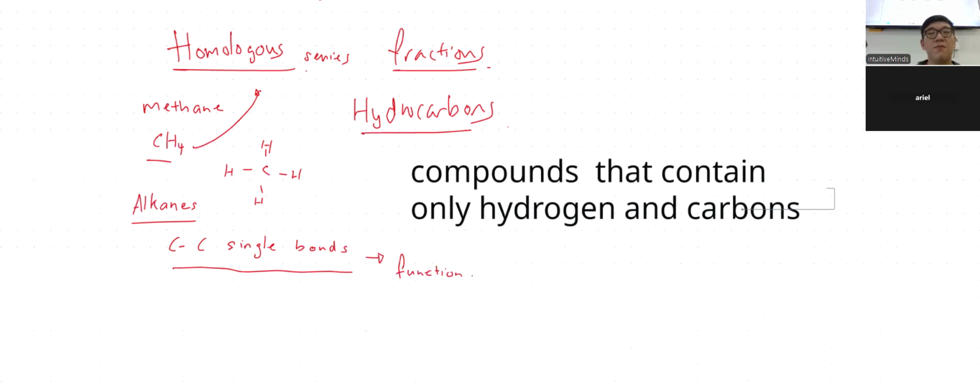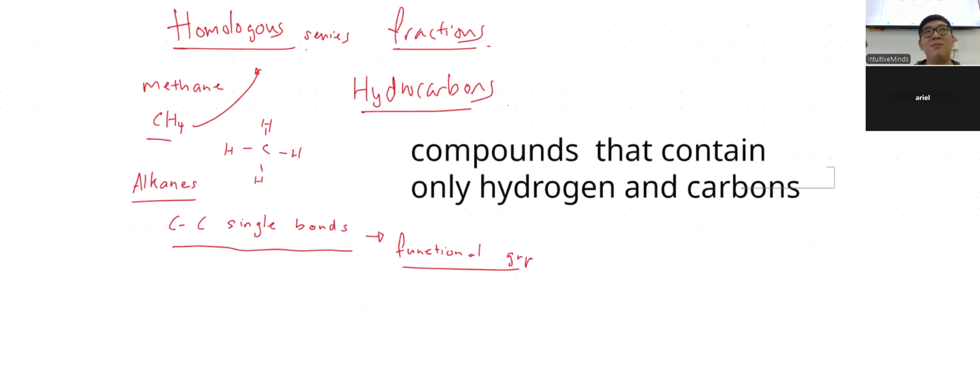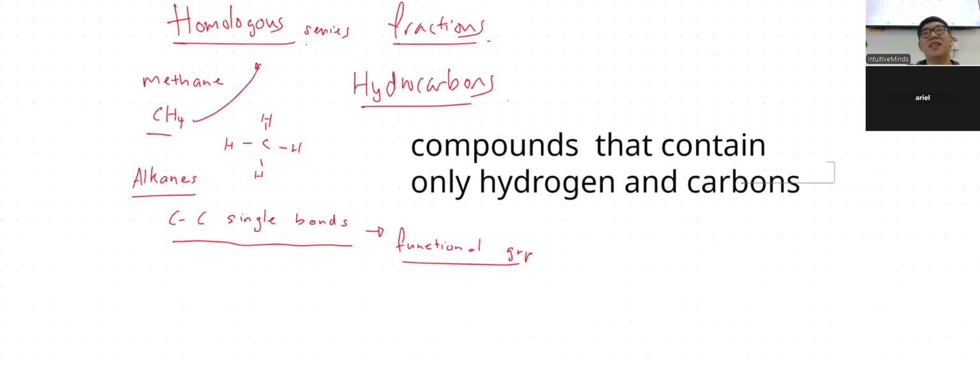A functional group is basically like the surname of the family. Like your surname is PEK, right? Yes. Pig. So everyone in your family is supposed to have the same surname, Pig.